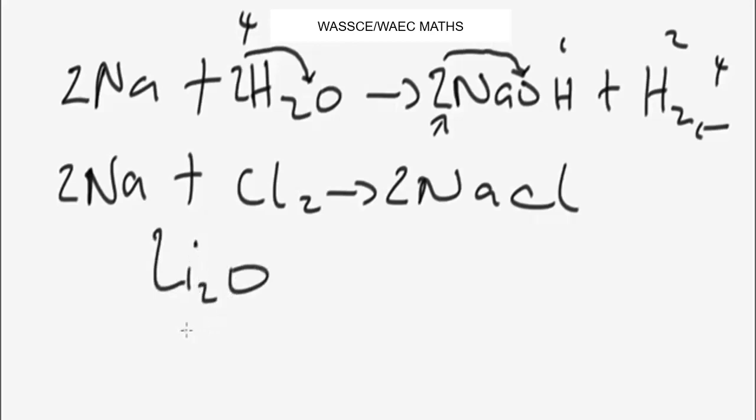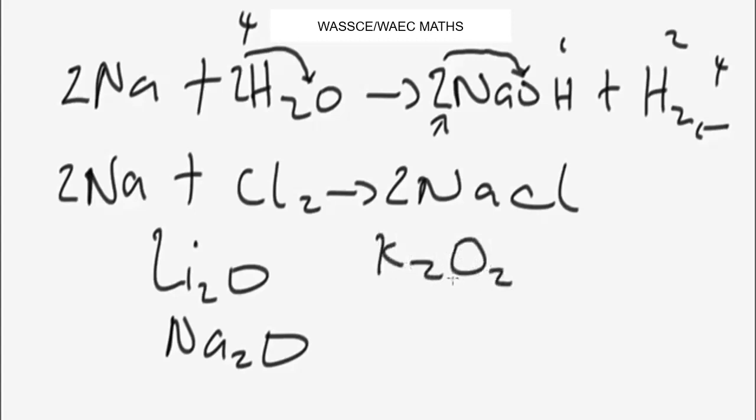When sodium reacts with oxygen, we're going to have sodium oxide. When potassium reacts with oxygen, we are going to have potassium peroxide, or we can also have potassium superoxide. The formula is this.